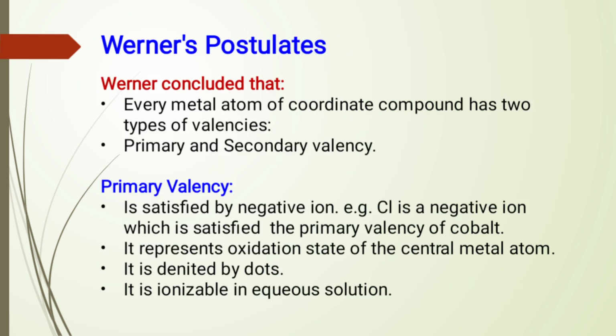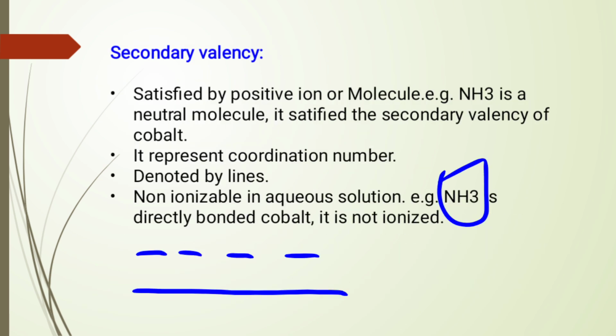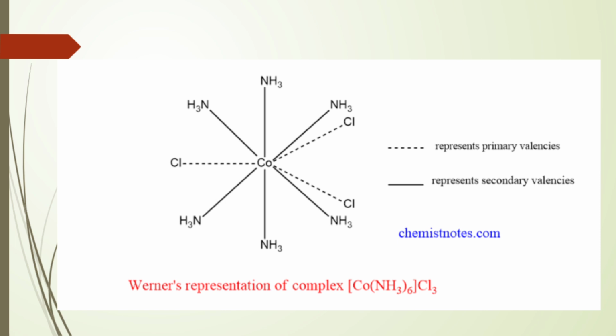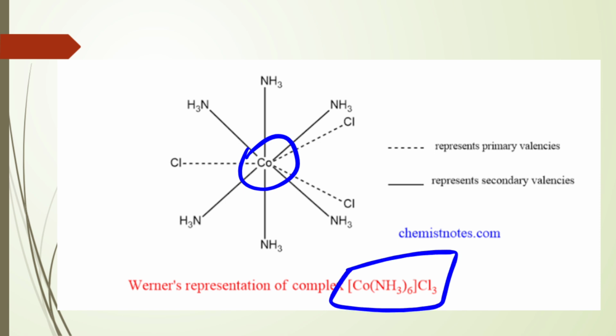Now let us continue. So, understood secondary and primary valency. Now let us see how to calculate these primary and secondary valencies. Before calculation, let us see the structure. This is cobalt. Remember, this is the structure that we found.